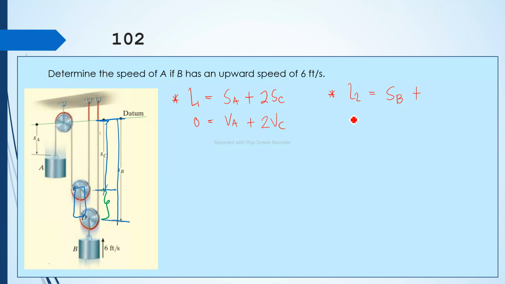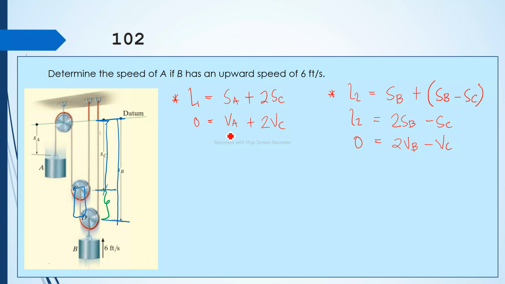So that is just equal to plus SB minus SC. Or simply, our total length of chord 2 is equal to 2SB minus SC. And if we differentiate that with respect to time, we'll have 0 is equal to 2 times the velocity of B minus velocity of C.